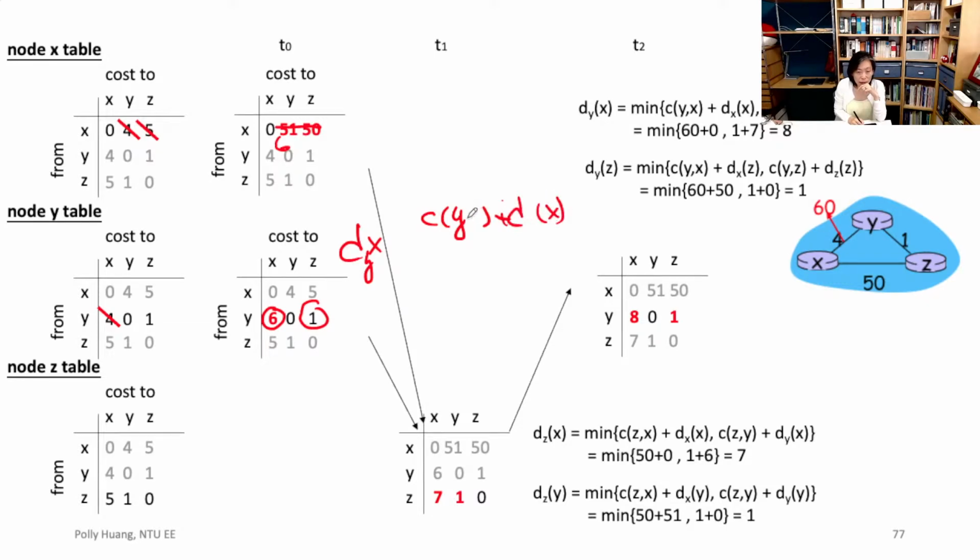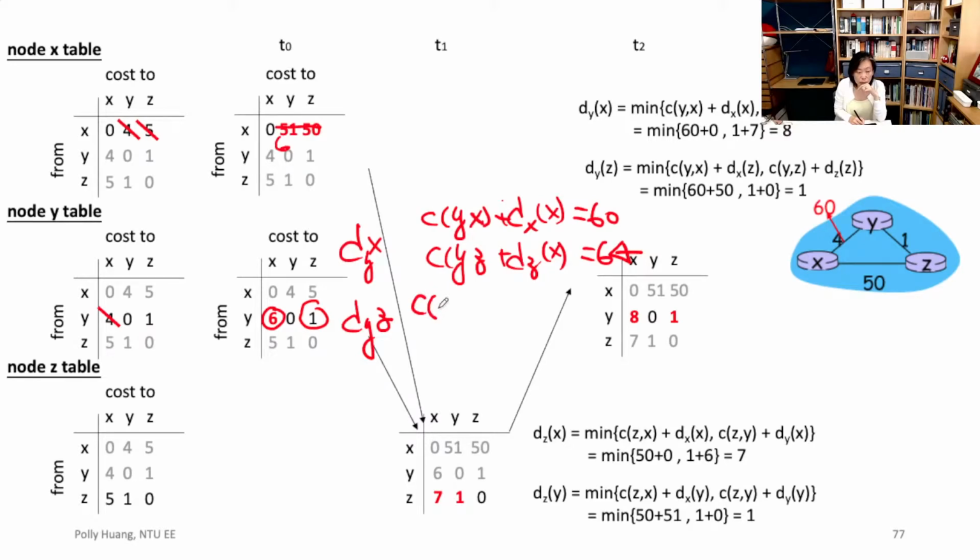First neighbor, x. Second neighbor, z. So this is 60 and this is 6 and we take the minimum. All right. Haven't calculated z. There we go. Thank you.